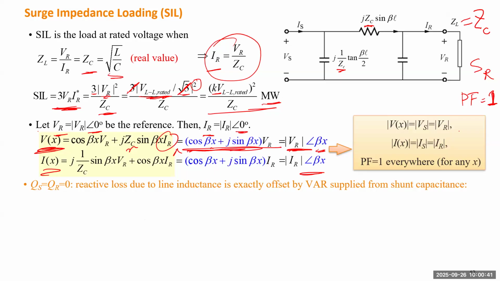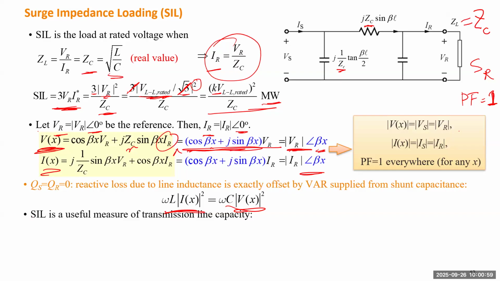The line has inductance which consumes reactive power, and it also has shunt capacitance which provides reactive power. So the two amounts are completely equal. Anywhere, the reactive power consumed by the line will be completely provided by the capacitance of the line. That's why the voltage can be exactly the same along the line.